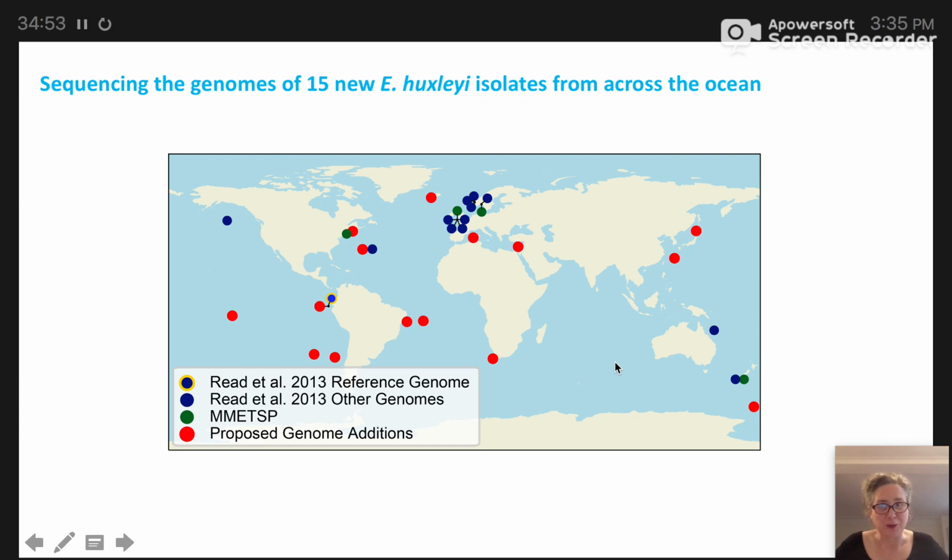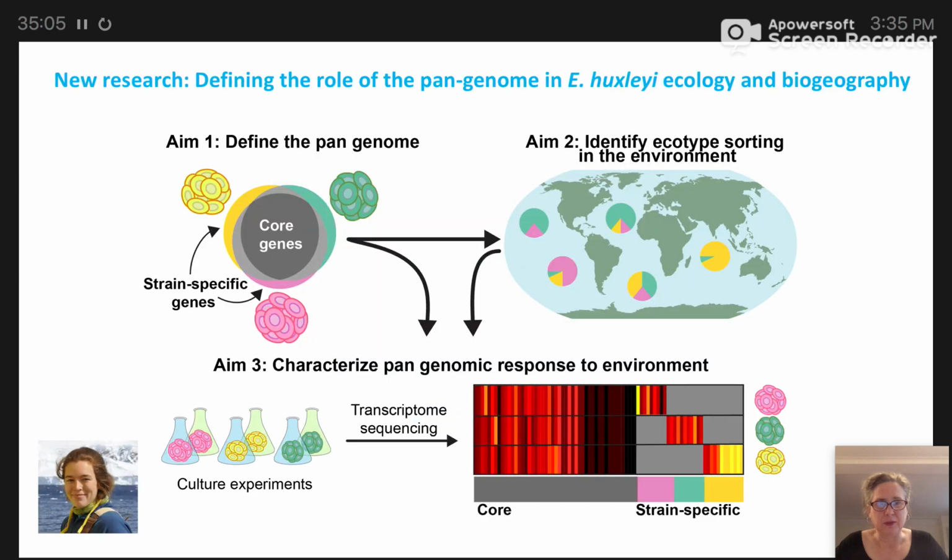And this increase in the availability of sequenced genomes will really allow us to better define the pangenome and what makes up the variable gene set. And this is part of new research that's being led by Harriet Alexander, where again we're defining the role of the pangenome in E. huxleyi physiology, ecology, and biogeography.